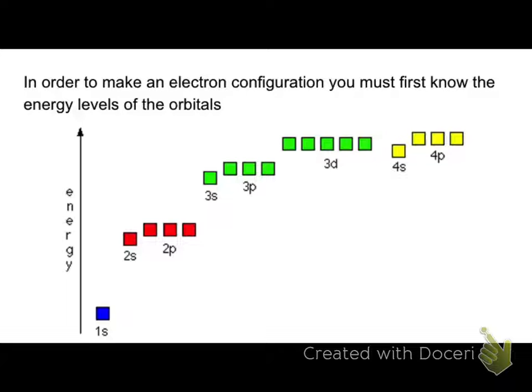And it has completely to do with the energy level of that orbital. We are always filling lowest energy to highest energy. Okay? There is another diagram on your paper which has a similar diagram showing you the energy levels of these orbitals, right?